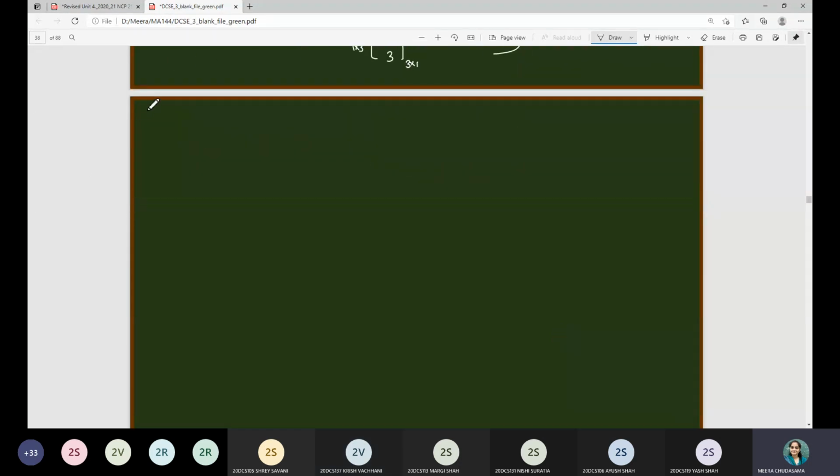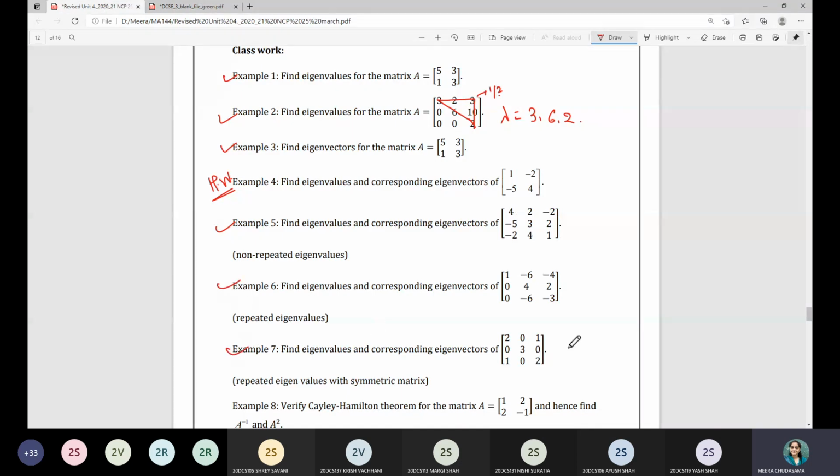So now let me come to the next example which you have to evaluate. That is, this one is done and this one. So find eigenvalues and eigenvectors of A is equal to, this is 2 0 1, 0 3 0 and it is 1 0 and 2.